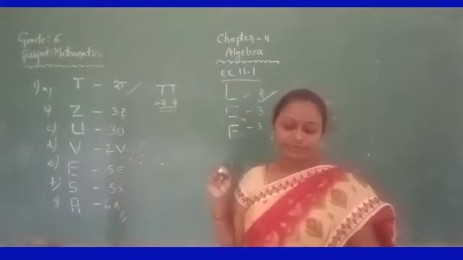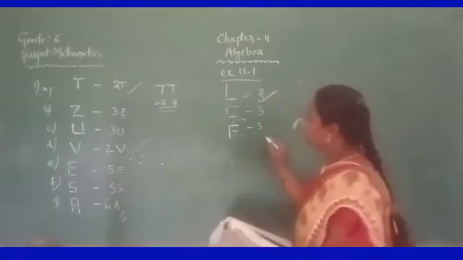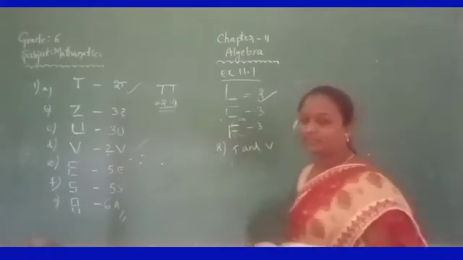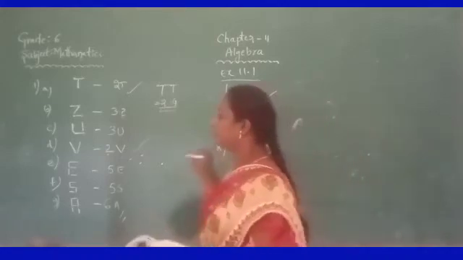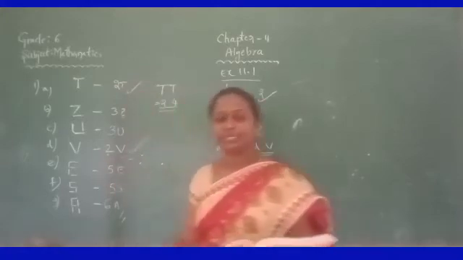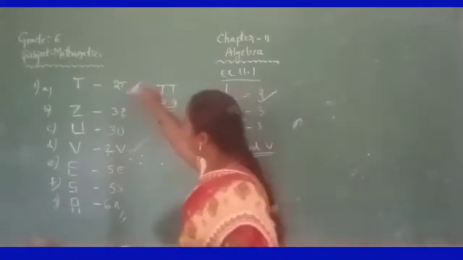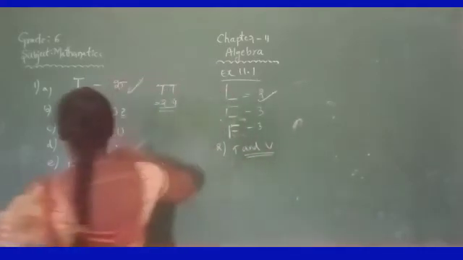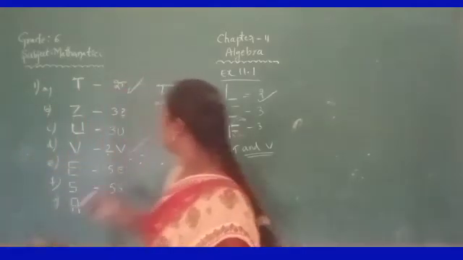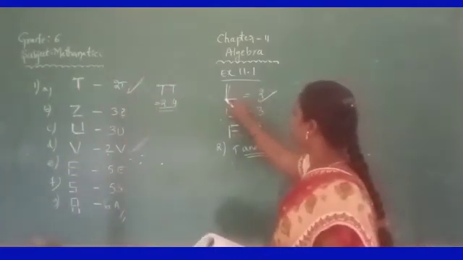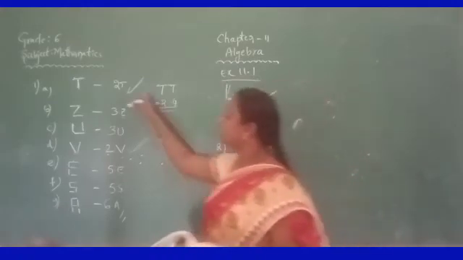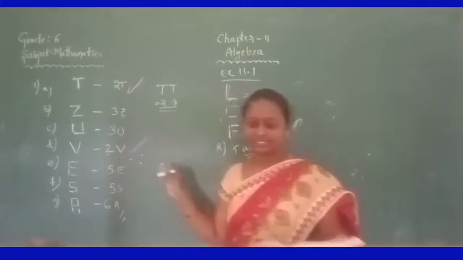So the answer is that T and V have the same pattern as L. To make the letter T we need 2 matchsticks, and to form the letter L we need 2 matchsticks. Similarly, the letter V requires 2 matchsticks.